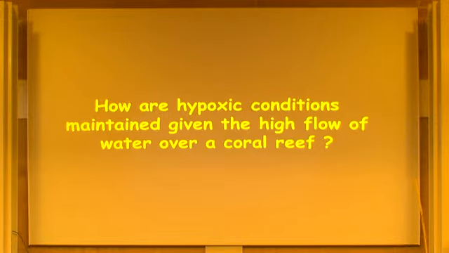Yeah, so it's an exact same thing. And this is the question really that we're left with, is how do you maintain these hypoxic environments with high flow? It's going to be boundary conditions that are the cause, but we need to prove it, actually just get it down and say, this is how fast the water is moving, this is how much hypoxia we see, this is how many microbes it's supporting, that sort of thing.